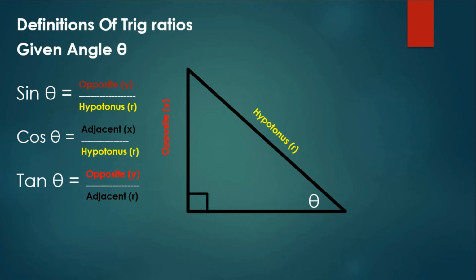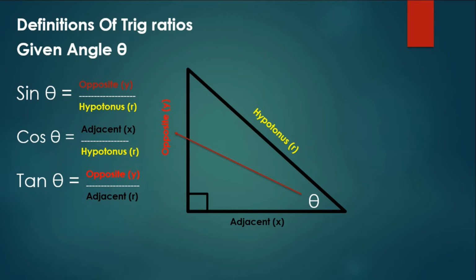How do you know that this is the opposite side? It is the opposite side because it is opposite to the given angle. I hope I'm clear, you're not lost. Then the last side is adjacent. I hope I'm not too fast, and I hope you can understand.